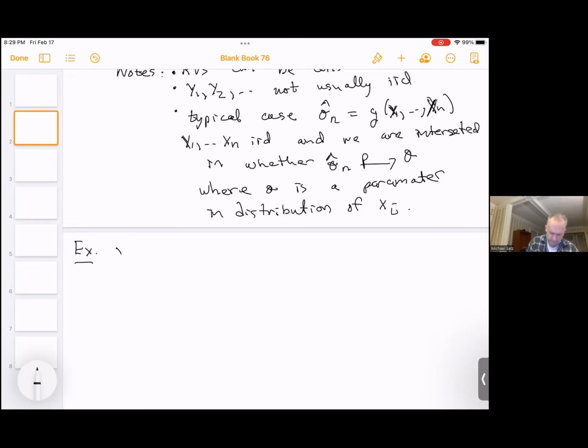Suppose Y1, Y2, and so on. The idea is, because you are taking n in the limit here, so we just write it like this usually. Let these be IID, and suppose the expected value of Yi equals mu, variance of Yi equals sigma squared.